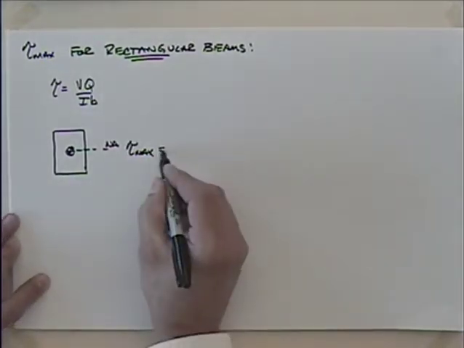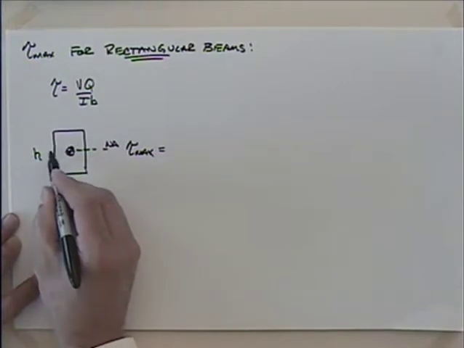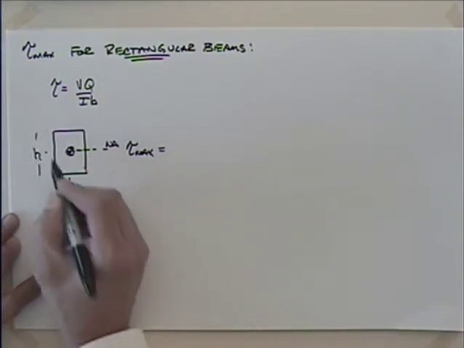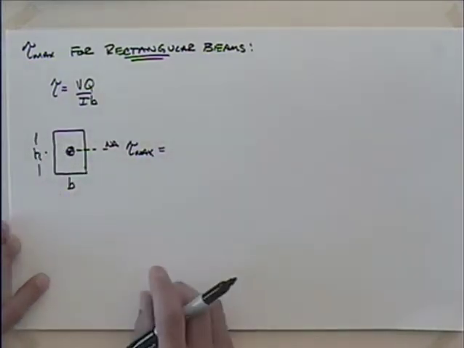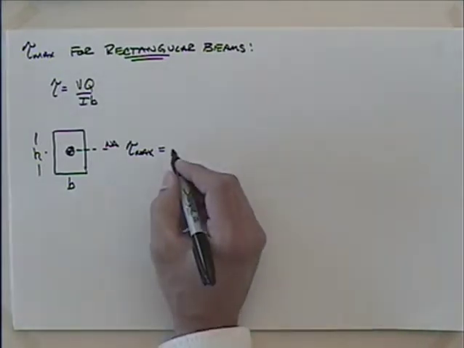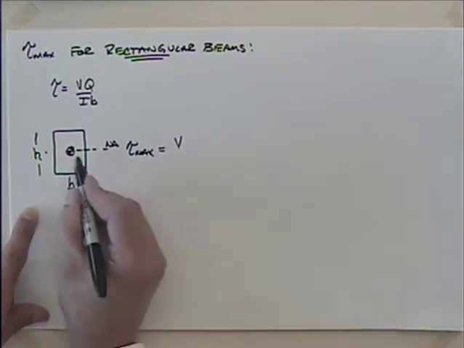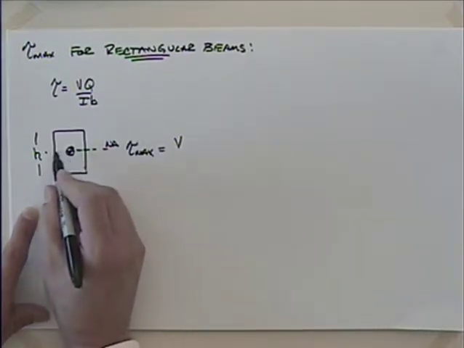So let's talk about this. If I say that this has some base dimension and it has some height, the total height of this thing or the depth of it, the shear stress is going to be equal to V and then Q. If I want to try and find Q at this point, what's that going to be?